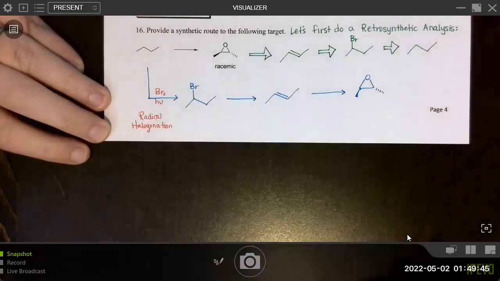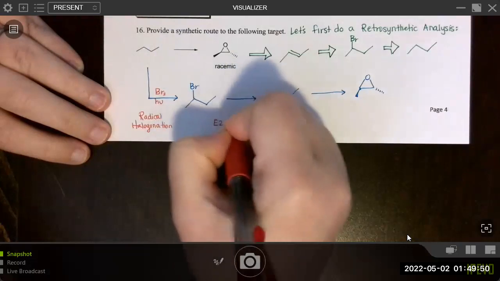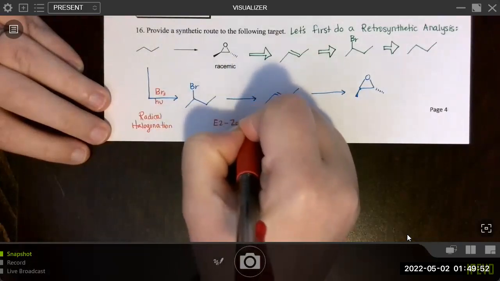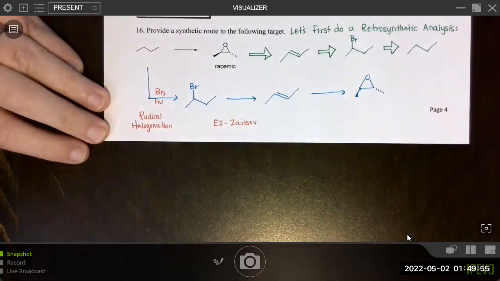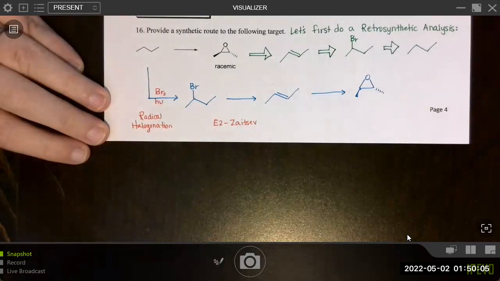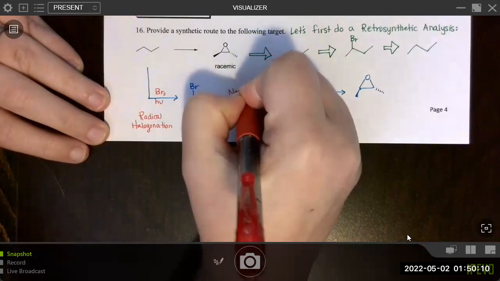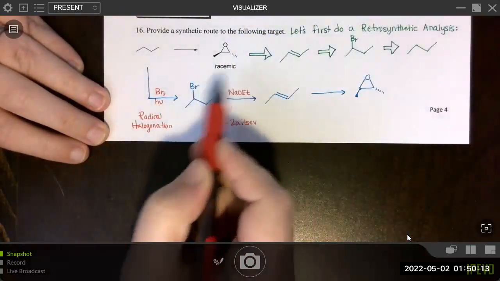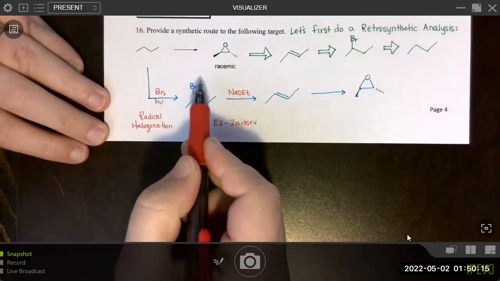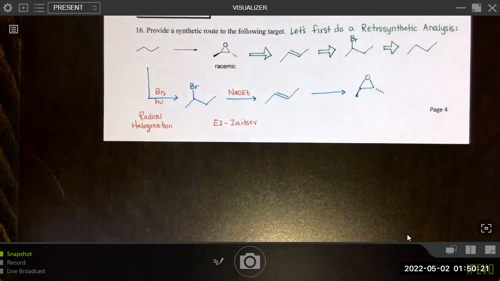Now we want to do an E2 elimination. And we want it to undergo Zaitsev regioselectivity. So in this case, I would use a small base. I want Zaitsev regioselectivity. So sodium hydroxide, sodium methoxide, or sodium ethoxide. Good. The bulkier it gets, the less substitution, but we don't want to go so bulky that we get the Hofmann product.